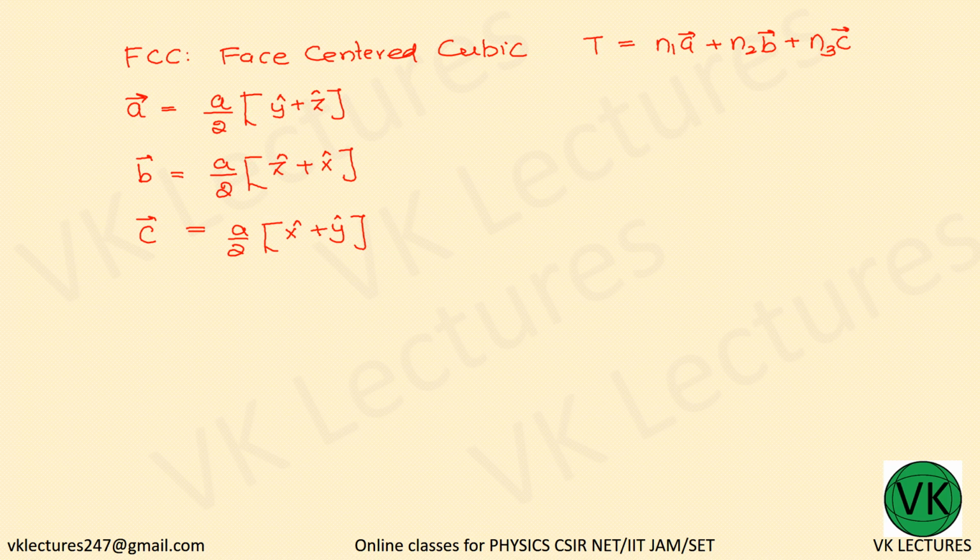Now here the number of atoms in face centered cubic crystal n is equal to 4. So the volume of the primitive unit cell, volume of the cell, is equal to a cube by 4.